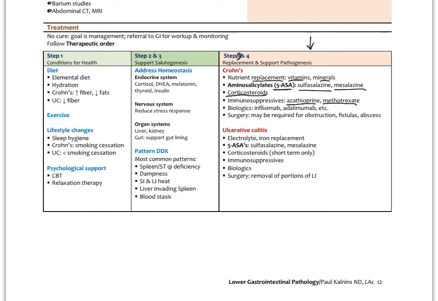And so that would be things like infliximab, adalimumab, and so forth. So all the MABs, there's a lot of them on the market now, and they all target different cytokines. But these are now being increasingly used for Crohn's. You've probably heard of Humira, and these drugs, that's what all this is about. And sometimes surgery is needed for obstruction, fistulas, and abscesses.